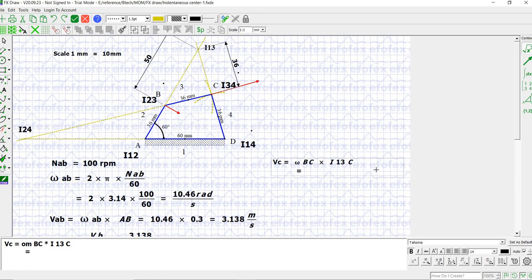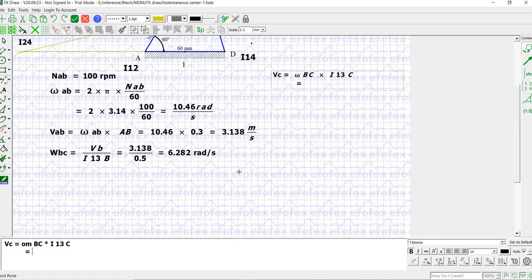We already know omega BC, that is 6.282, into 0.36, which gives 2.26 meters per second.